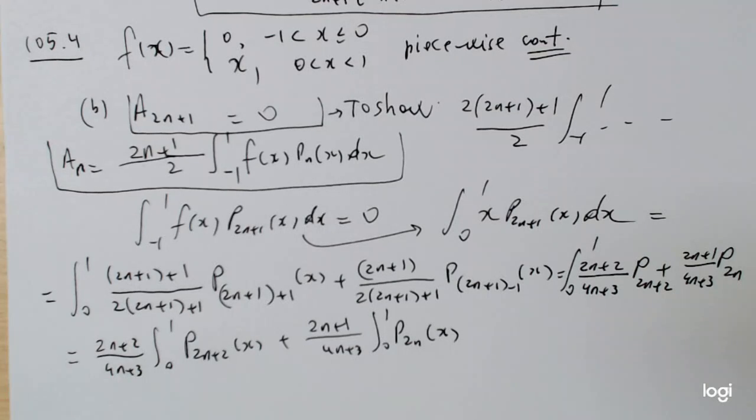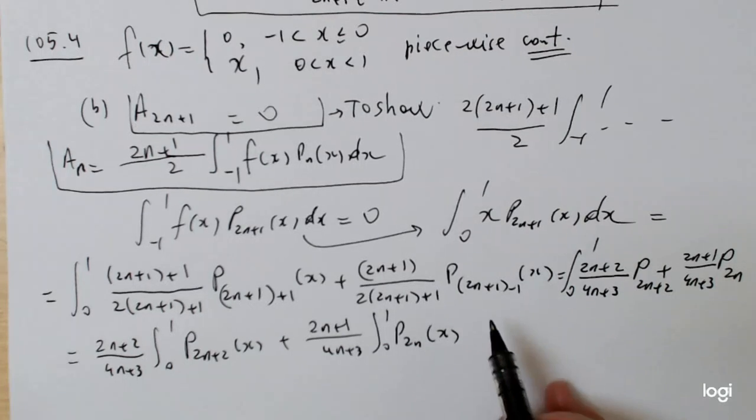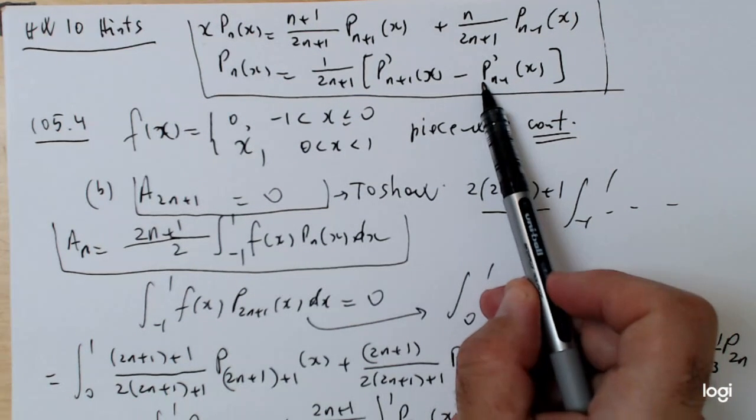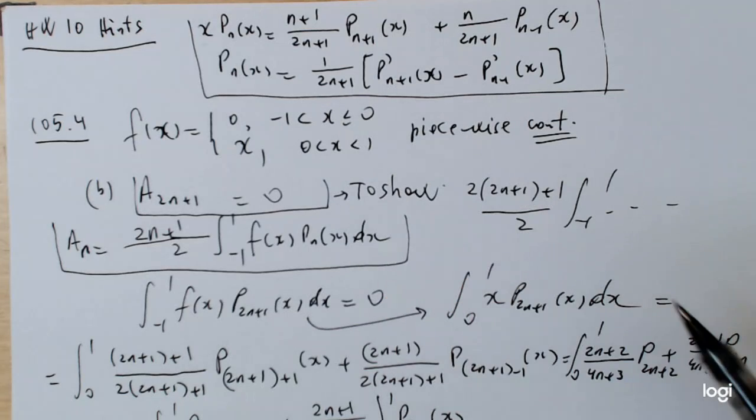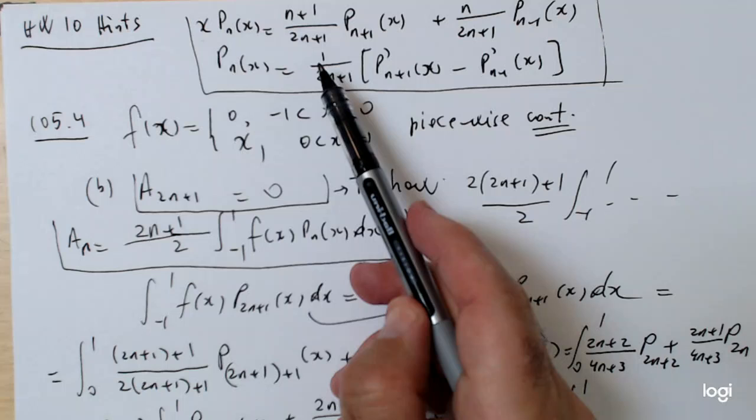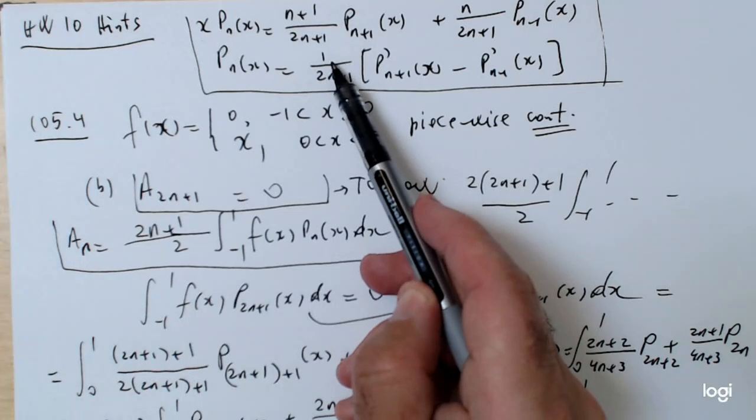And then the other recursion formula for each of them. Let's say, for example, you continue with p2n of x. So you go back to the second formula and replace n with 2n. The way to do this, let's write it separately here. The integral from 0 to 1 of p2n of x will be the integral from 0 to 1, and I go back over here and replace n with 2n.